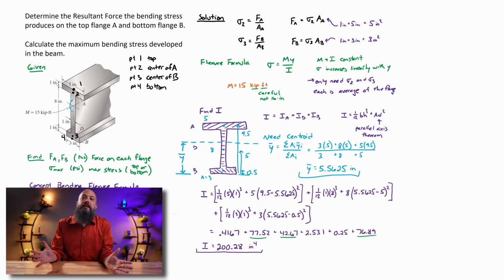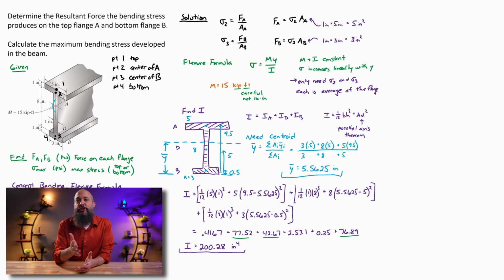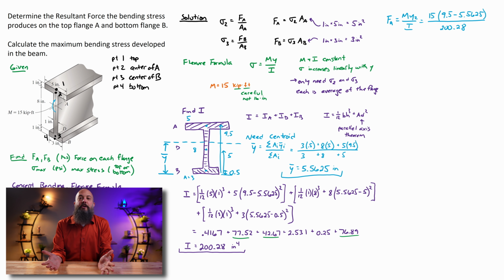All right, so now we can find force is stress times area, My over I times the area, so the 15 that was given. Now, y, in this case, is going to be the distance from the centroid. So if I'm calculating force on the top flange, I'm going to calculate to the center of the top flange.